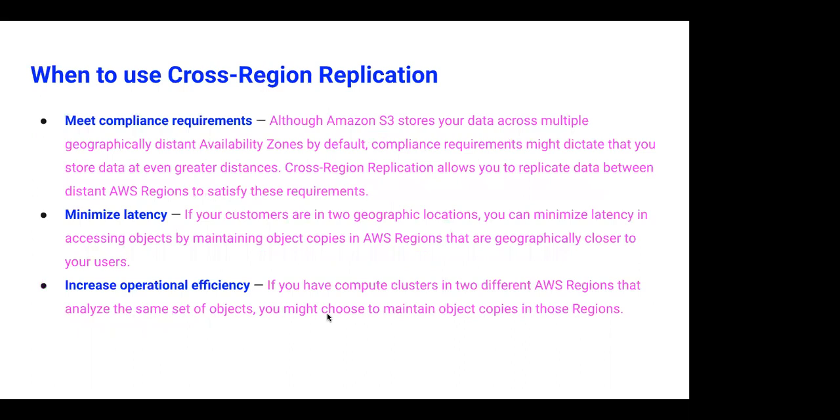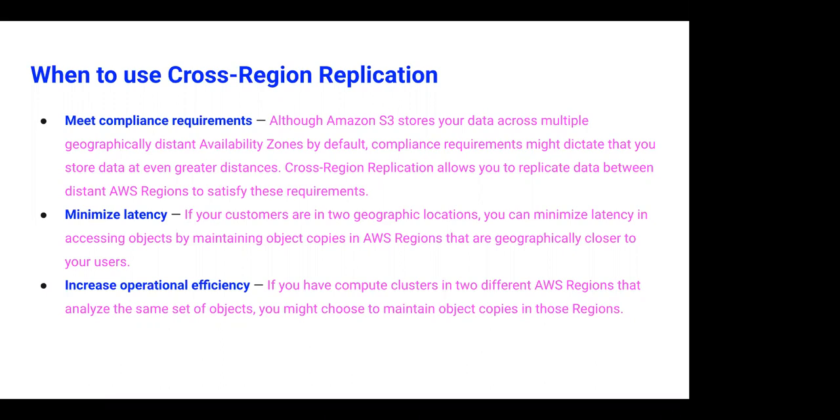Now, when to use cross-region replication? Let's see, to meet compliance requirements. Although Amazon S3 stores your data across multiple geographically distant availability zones by default, I told you, right, how S3 maintains availability?